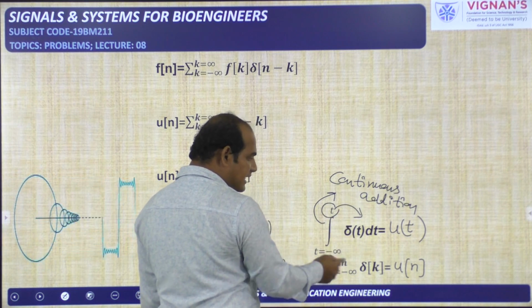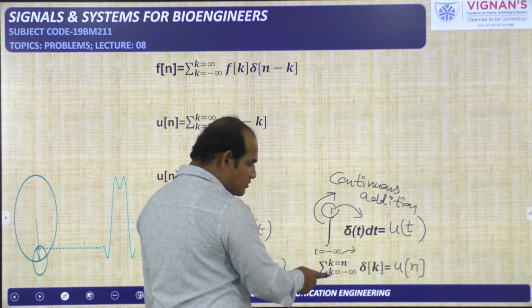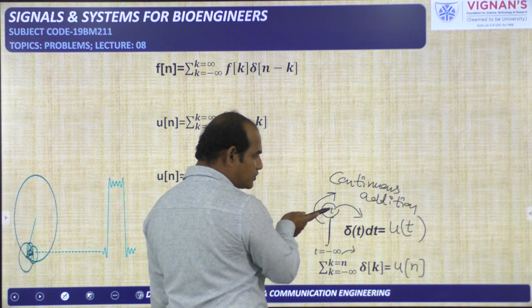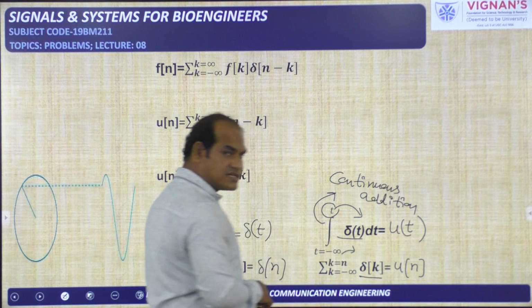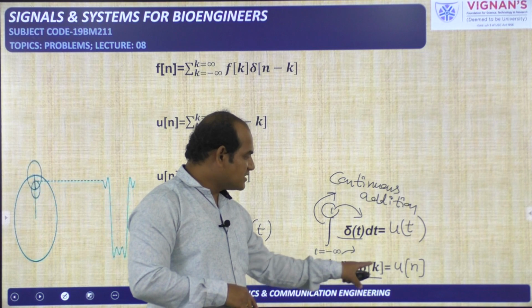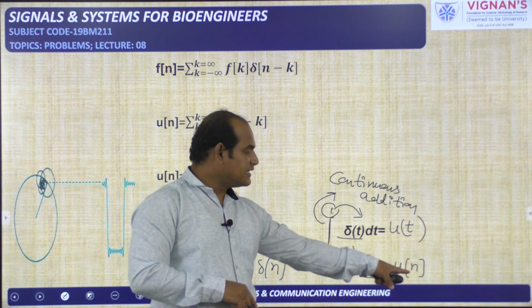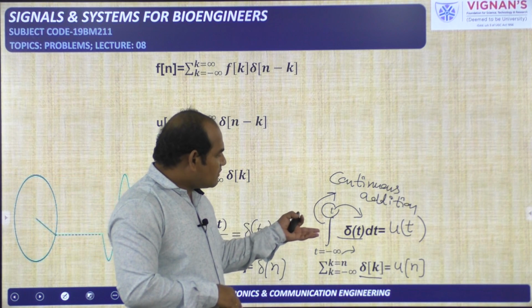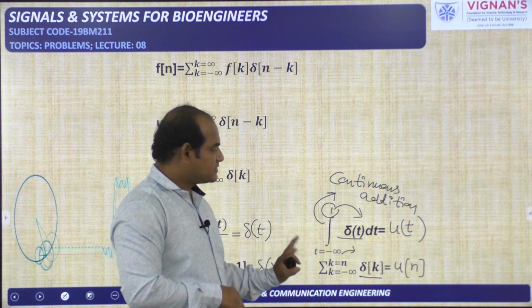It is discrete domain, that's why n. Here del of t, here del of k, that's it. Because it is discrete domain, we are representing with del of k within the square bracket. So here resultant is u of t, here resultant is u of n. In case of continuous domain we will represent with integration, in case of the discrete domain we will represent with sigma, that's it.